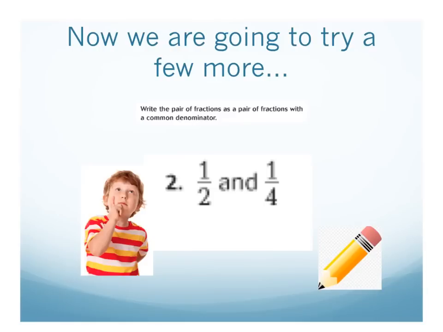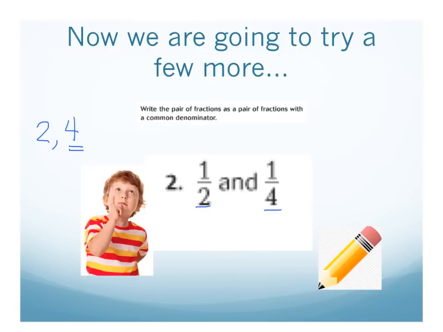Again, you see the pencil. Let's do this one together without pausing the video, just to get a little bit of practice before we do some on our own. The directions will always say, write the pair of fractions as a pair of fractions with a common denominator. I'm going to list multiples. I got 2. I got 4.